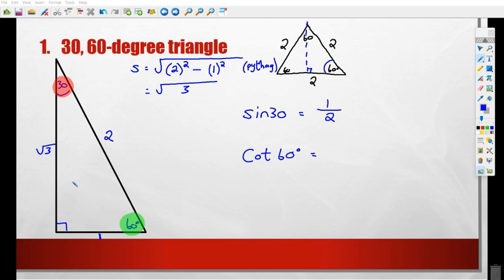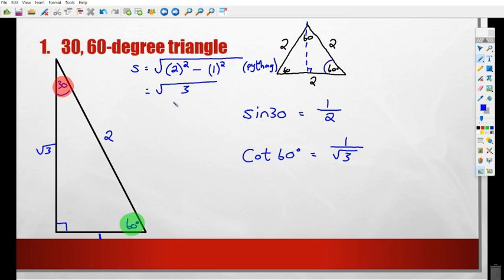Tan is opposite over adjacent. So if cot is the reciprocal of that, cot is adjacent over opposite, which is 1 over the square root of 3. I'm hoping that's making sense. It's not that difficult, right? The only thing now is that you need to remember how to draw this triangle.